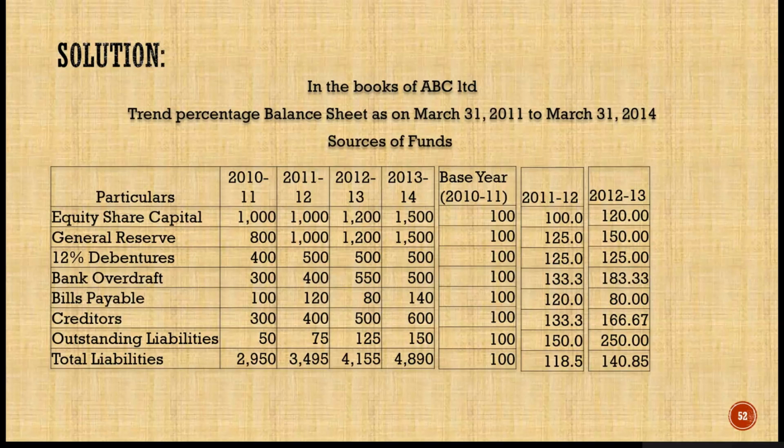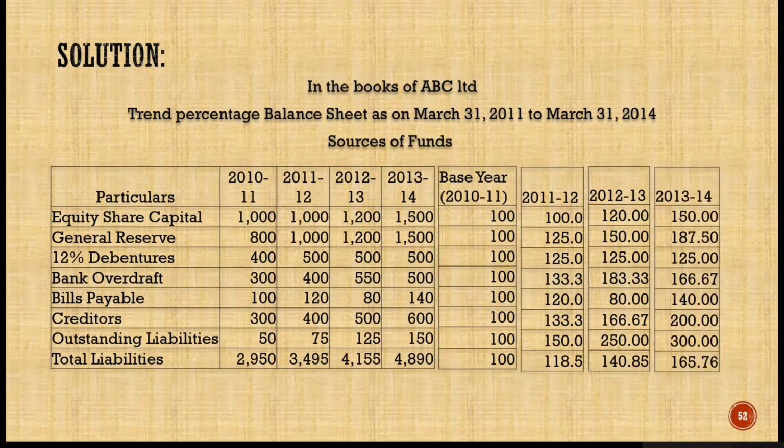So likewise, if you calculate the trend percentage for the 2014 year, it will be like this. So again, all the figures are above 100. That means there is increase when compared with the base year. We can say that there is increase in the amount of all the components of sources of fund statement.